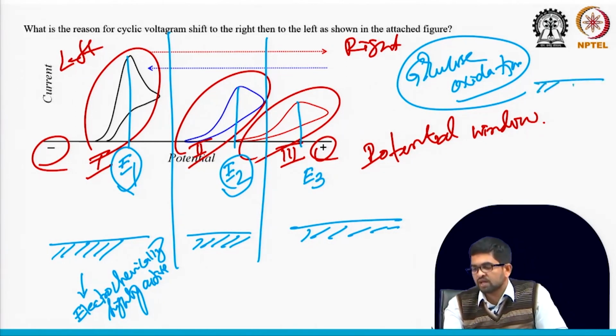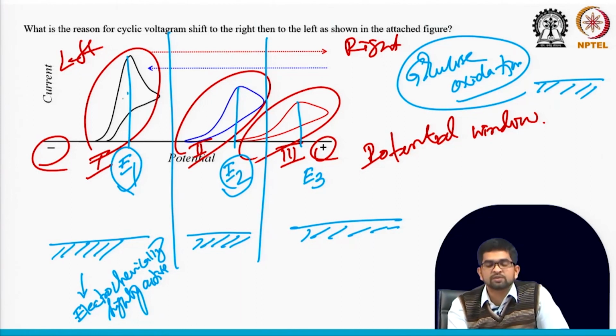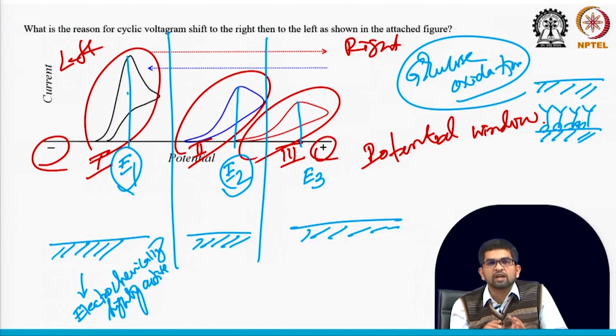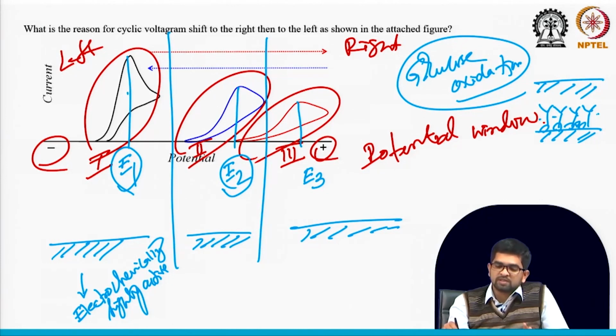Suppose you have a very bare gold surface, so you may get this kind of cyclic voltammogram. Now, on your bare gold surface, you immobilize the antibody. After antibody immobilization, definitely your surface electrocatalytic activity will decrease, because they are all protein, kind of non-conductive. That is why your substrate can be oxidized only at a higher potential. You need higher energy to oxidize this substrate.